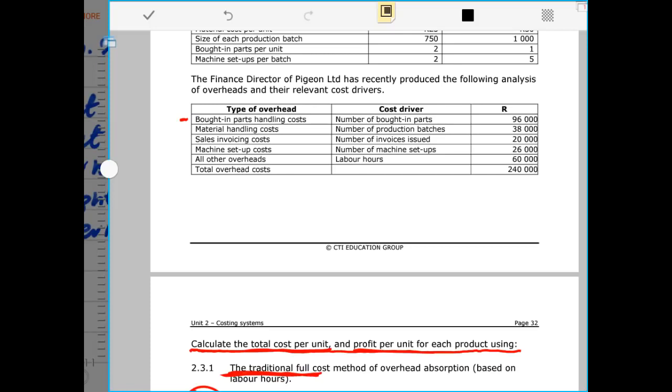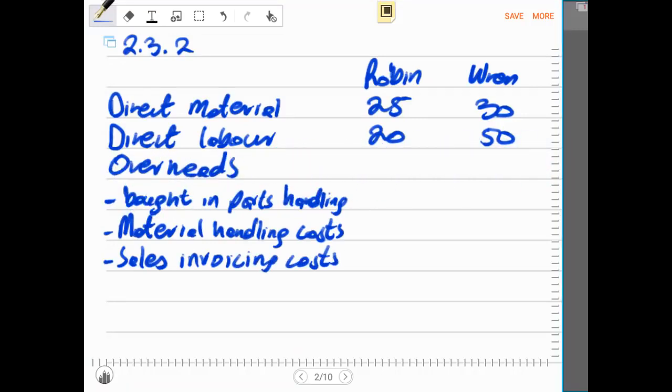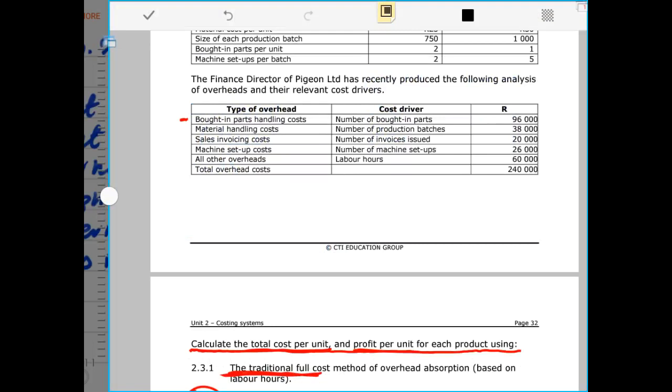The next overhead is sales invoicing cost, and the sales invoicing cost has a cost driver of the number of invoices that were issued.